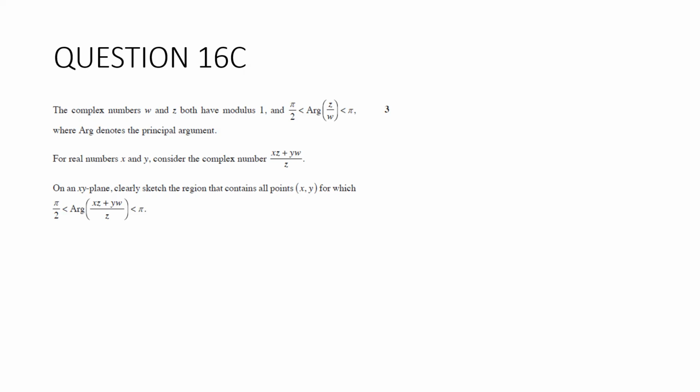We also know that the real part of x plus y multiplied by w on z must be less than 0 because we're in the second quadrant. Now we know the real part of w over z is equal to cos of negative theta. Cos is even, so that's equal to cos theta.